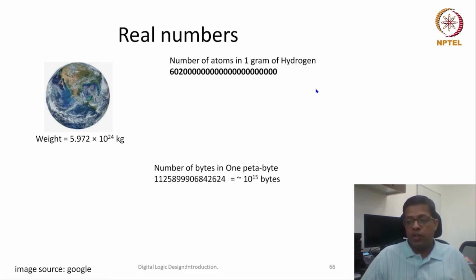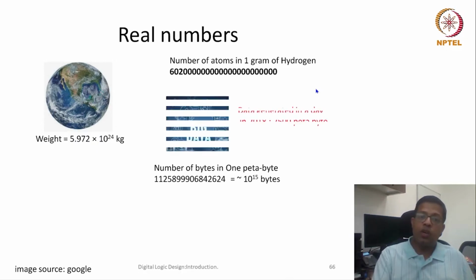Previously we were only talking about megabytes, then gigabytes, then terabytes, and now we are talking about petabytes. In petabytes, 10^15 bytes are there, and this magnitude is not a number which is unrealizable or not being used.